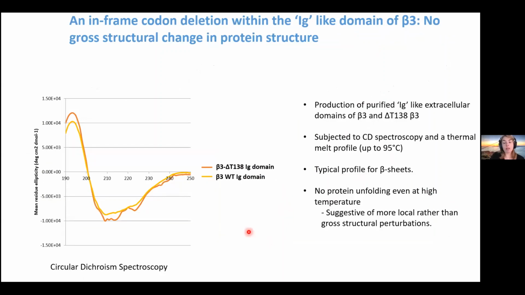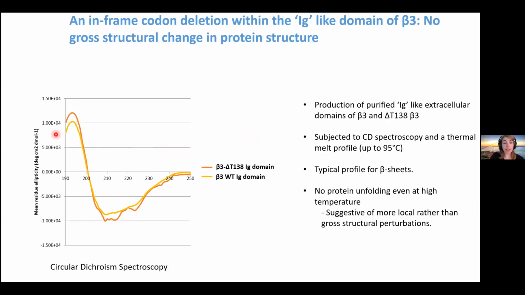So one final thing we looked at for this mutation was to try to determine if losing that threonine residue causes any gross structural disturbances to the immunoglobulin-like domain. So for this, we purified just the extracellular region for the wild type and for the loss of the threonine residue, and subjected the samples to circular dichroism spectroscopy. This technique allows you to determine the secondary structure that is present in particular proteins, and different structures give characteristic spectra.